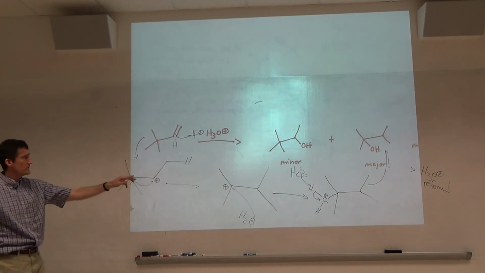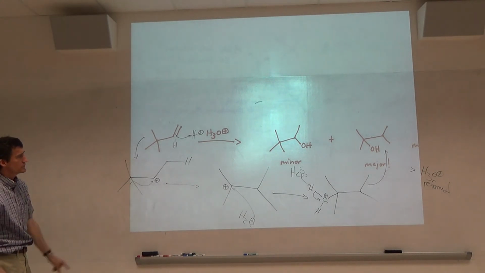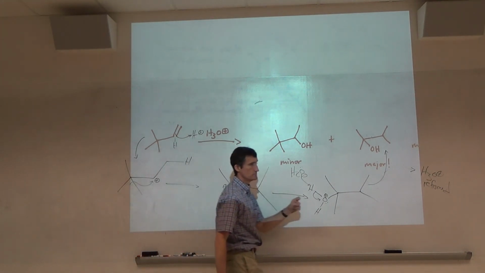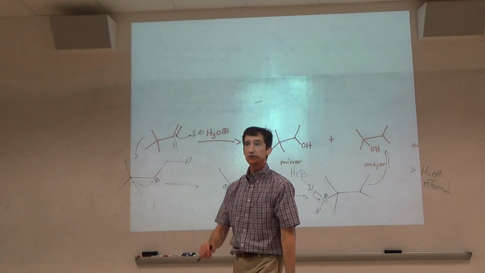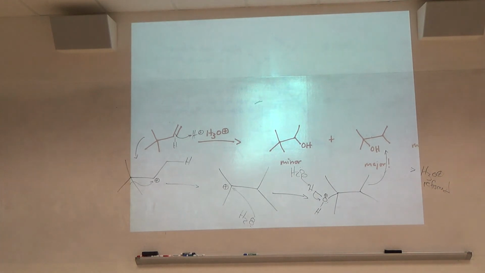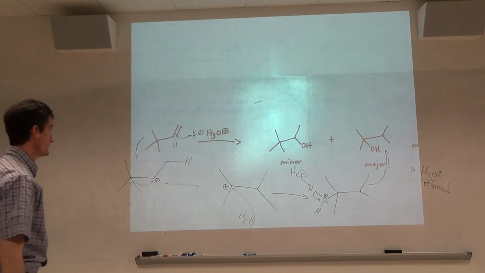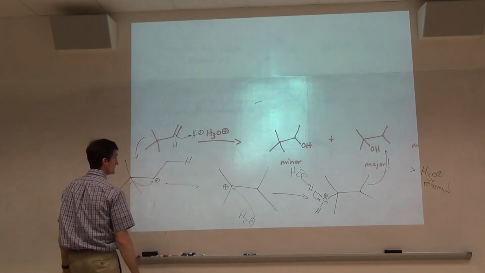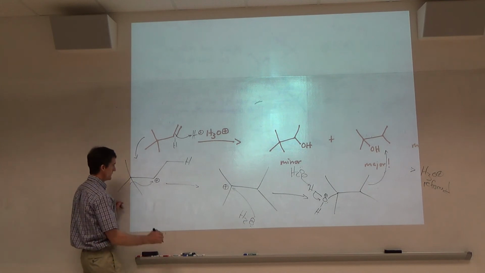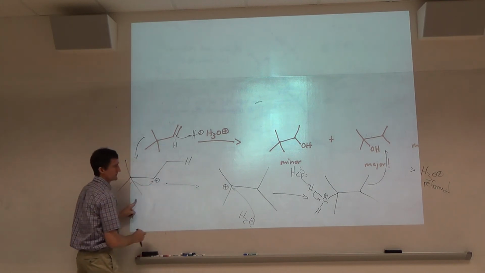How many intermediates in this whole reaction on the board to give the major product? How many intermediates? 3. If you did a reaction coordinate diagram, how many intermediates would you put on it? 3. Which intermediate would you put higher, the first one or the second?